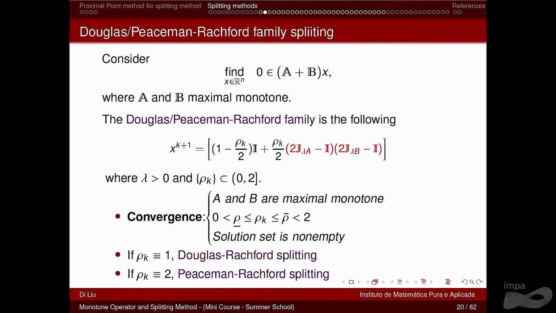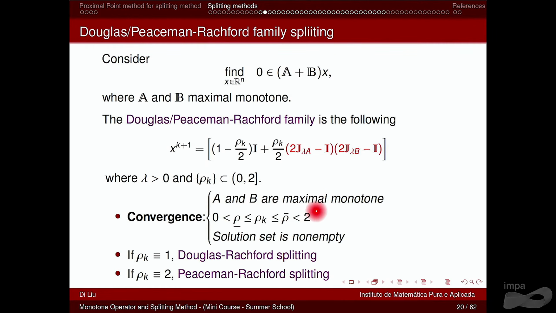So what is the Douglas-Rachford method? If beta_k equals 1, this is called Douglas-Rachford. If beta_k equals 2, this is called Peaceman-Rachford splitting. You see the assumption for the convergence here, beta_k should be less than 2.